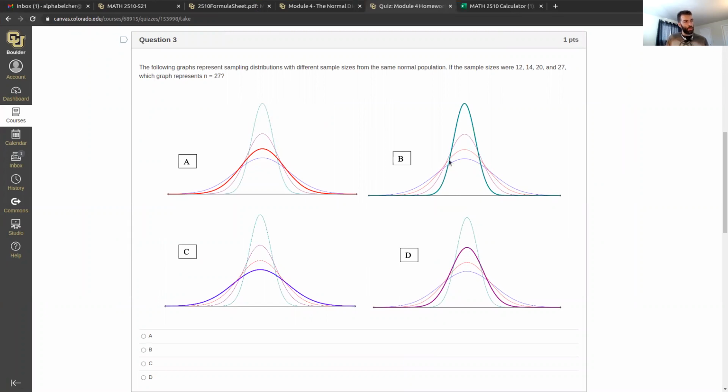What else is happening with these shapes? How do we describe the width of the distribution, right? Some are wider, some are more narrow. In other words, we use the spread, the standard deviation, to measure how wide the distributions are.